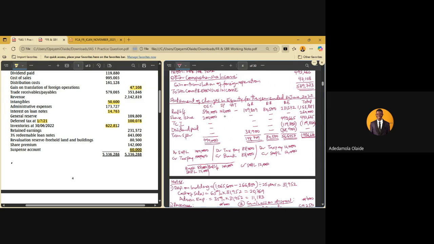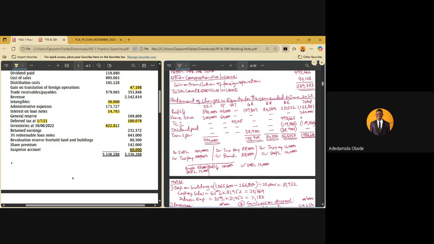Then share issue, they made 60,000 on this. Then during the year, they made 47,108. So what do we have? So we will have to correct this. That's a mistake on my part.